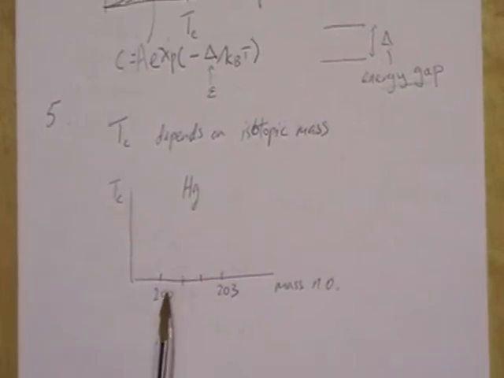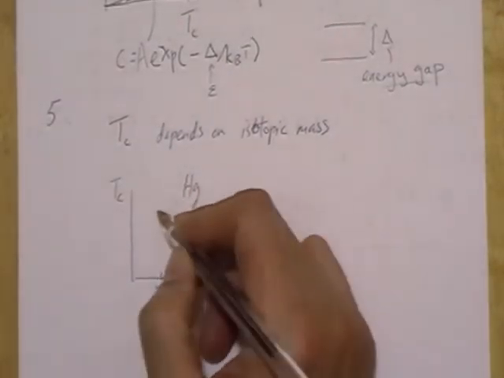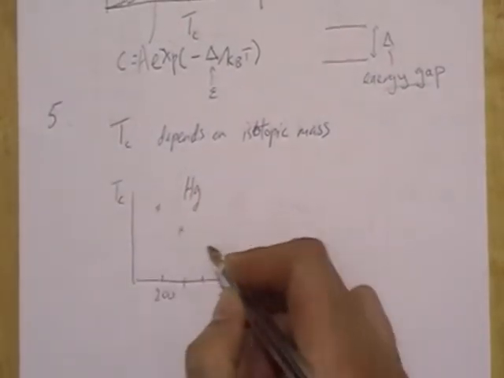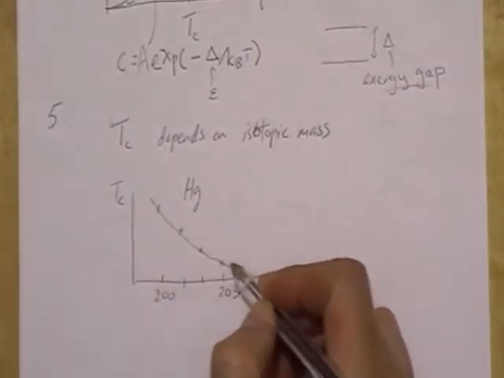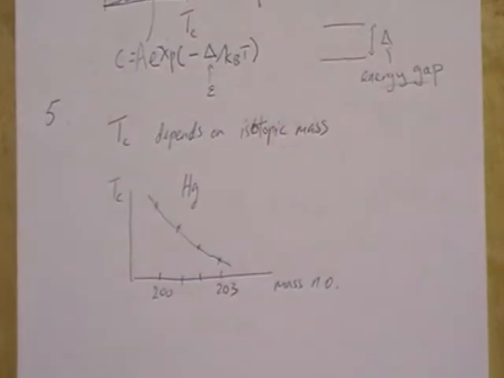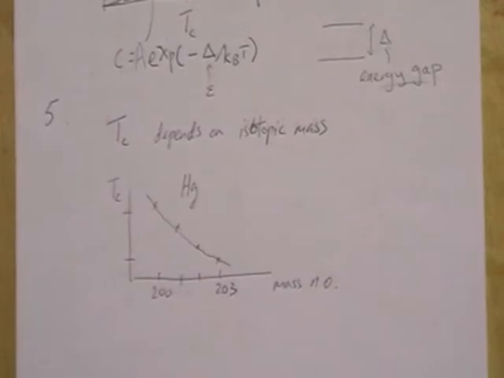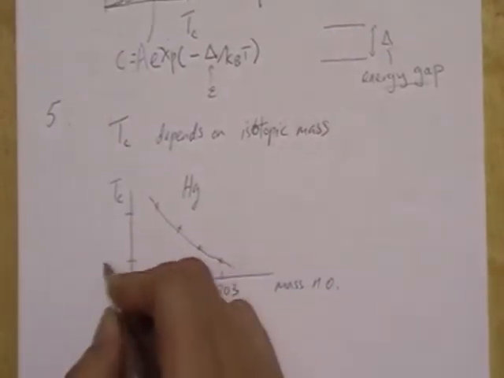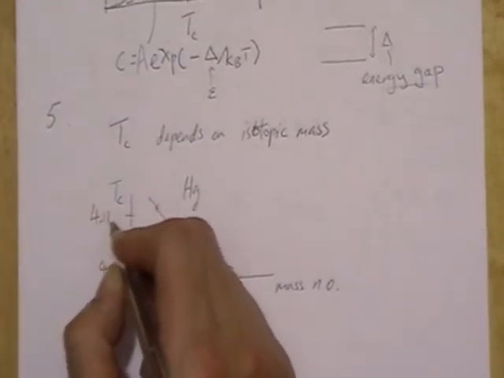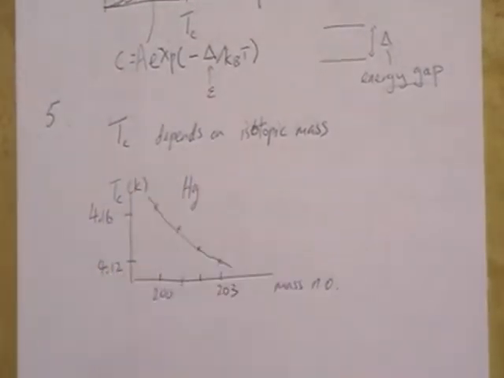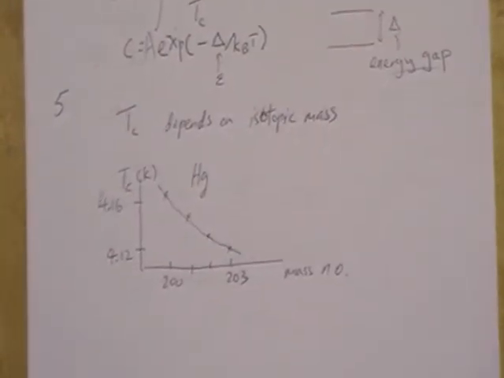The superconducting temperature has been measured and it was found to decrease with increasing mass of the isotope. The temperature sort of ranges between 4.12 and 4.16 Kelvin or so. So this was what has been found by experiments.